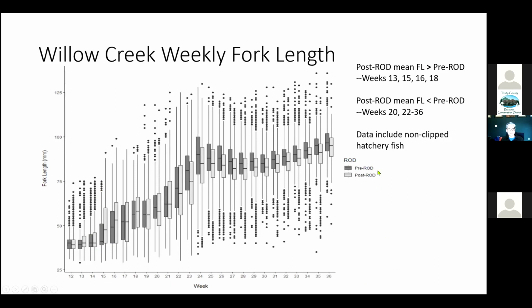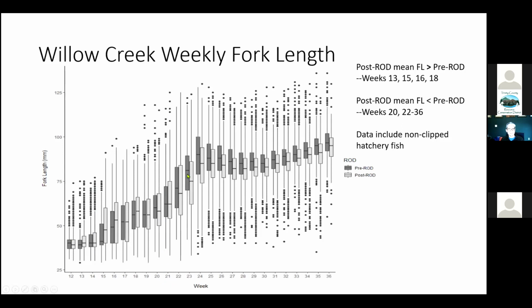And what we found is that in almost all cases, early in the season, the post-ROD fork length was higher than the pre-ROD, until we got to about where the record of decision flows start to occur, in April-ish.